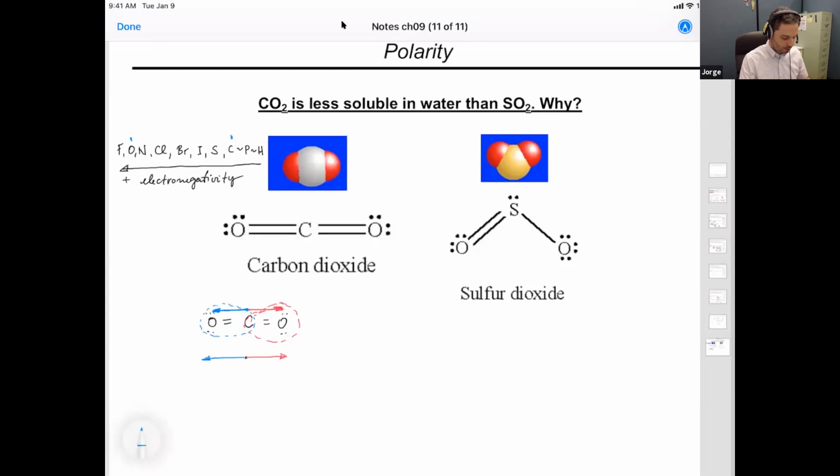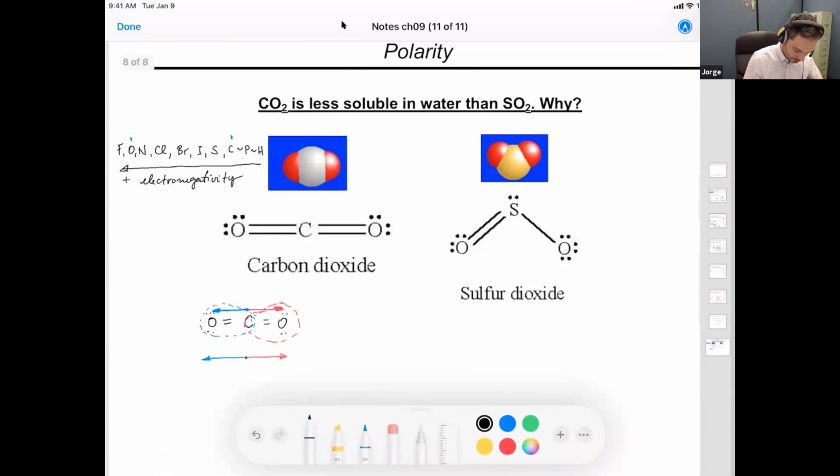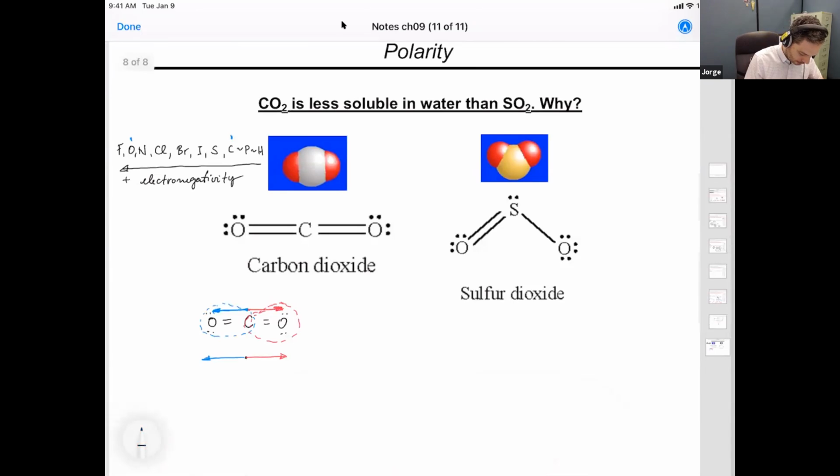So if we have a linear geometry and one atom is pulling to the left side and the other atom is pulling to the right side with the same intensity, the resulting vector for this geometry is going to be 0.